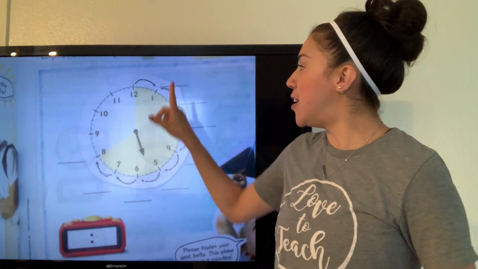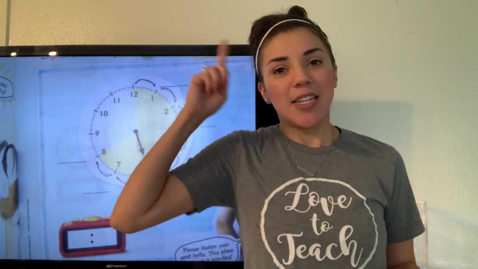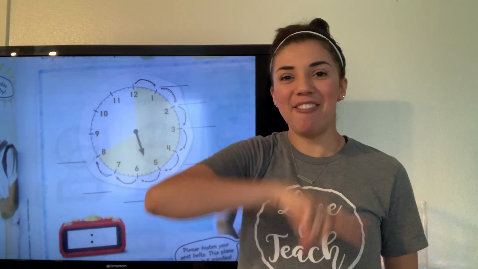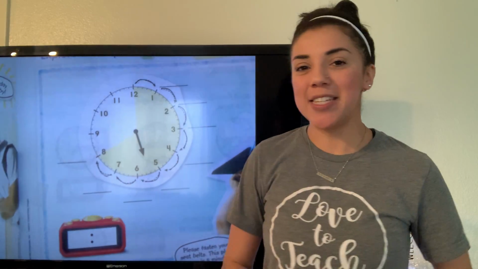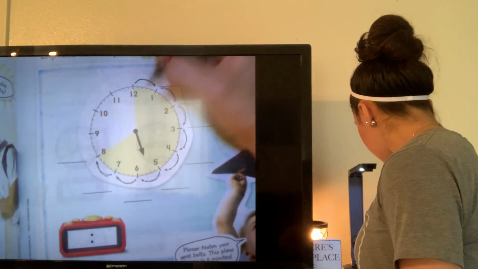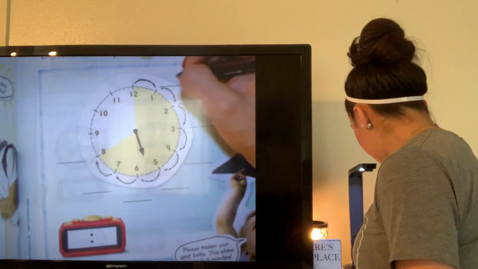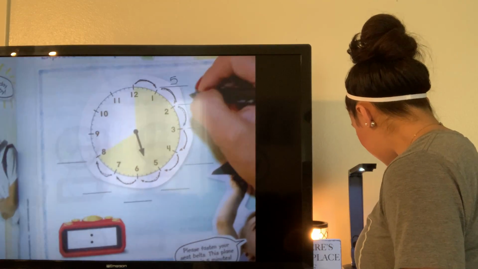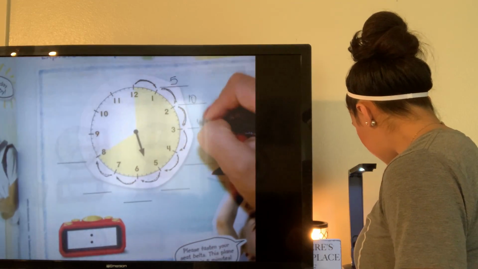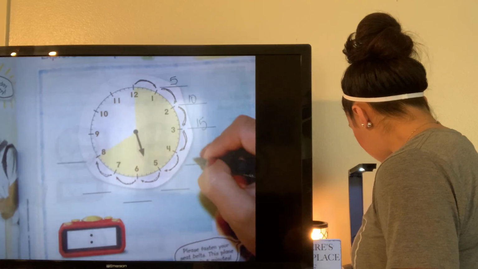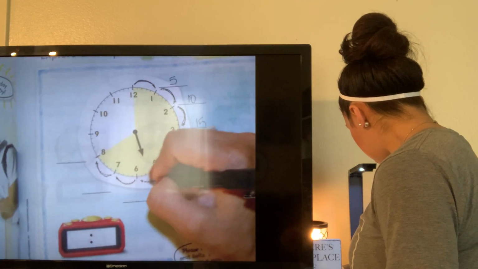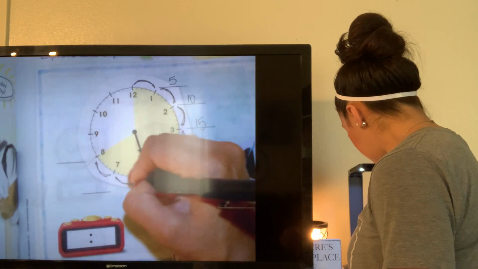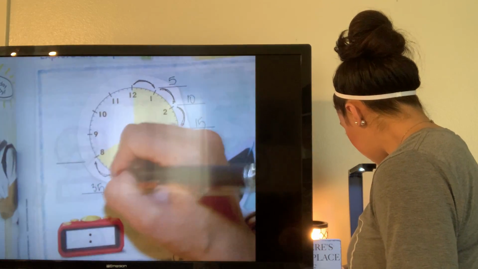They also provided these little lines for us. So let's recount them and write the minute on the line. So if this is 5, 10, 15, 20, 25, 30, 35, 40.